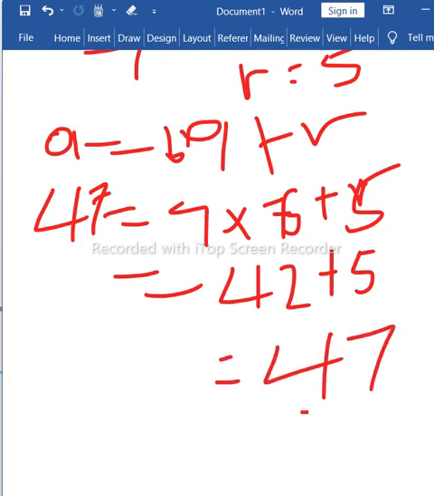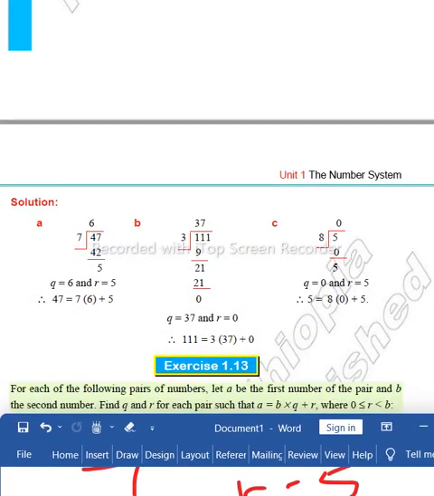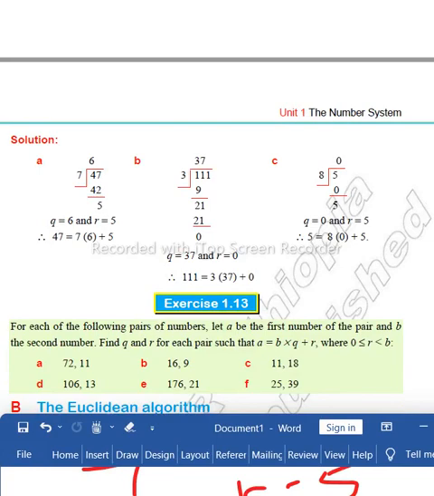So they are equal, and we can write it like this for this question.